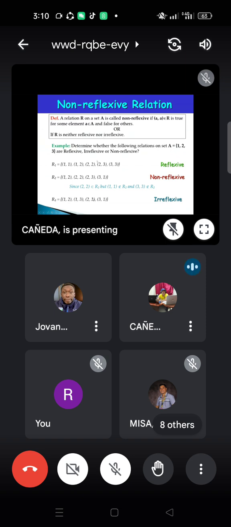Say for example, set A = {1, 2, 3}, is it reflexive, irreflexive, or non-reflexive? 1 1, 2 2, 3 3, so clearly reflexive because all of the elements are related to itself. So R2 we have 1 2, 2 2, 2 3, 3 1.